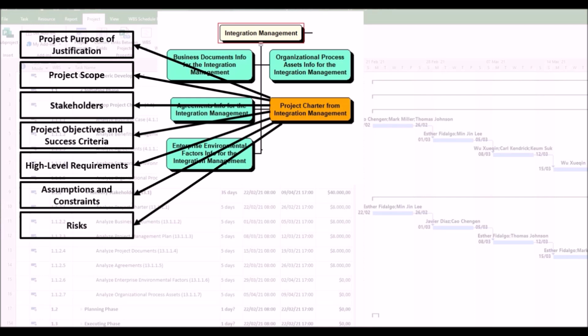Risks. With relation to initial risk assessment, identification of potential risks that could impact the project. 8. Budget. With relation to high-level budget, an estimate of the financial resources required for the project.